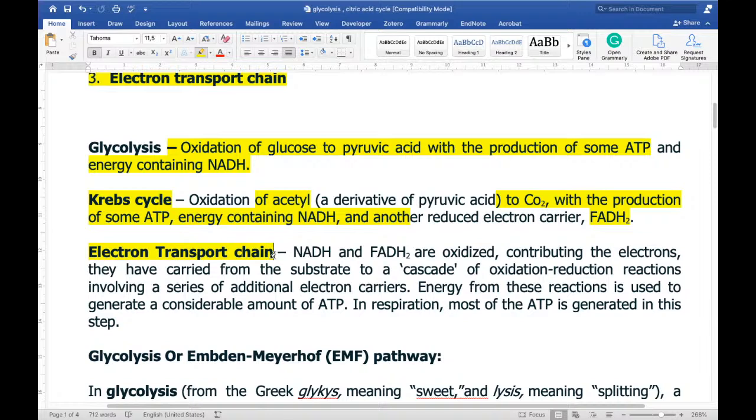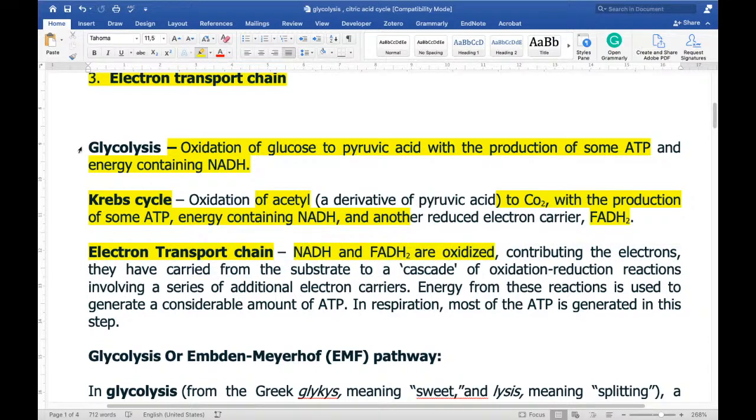Then comes the electron transport chain. The NADH and FADH2 that have been produced now will get oxidized.